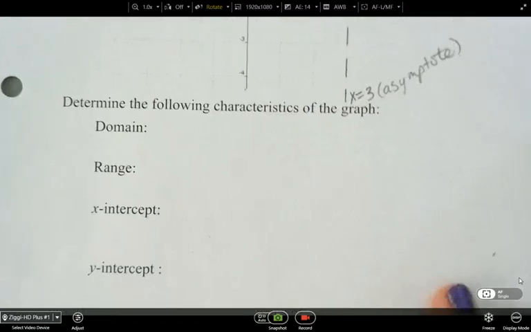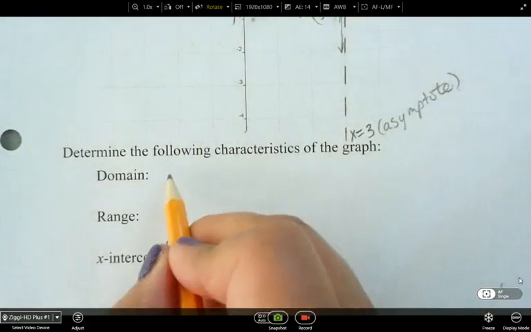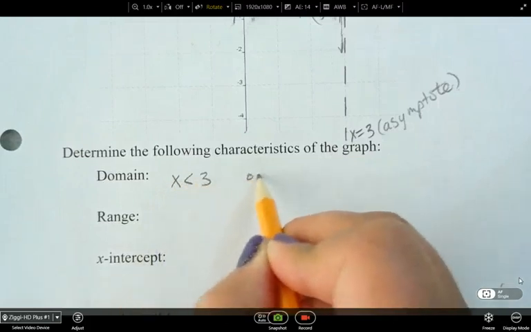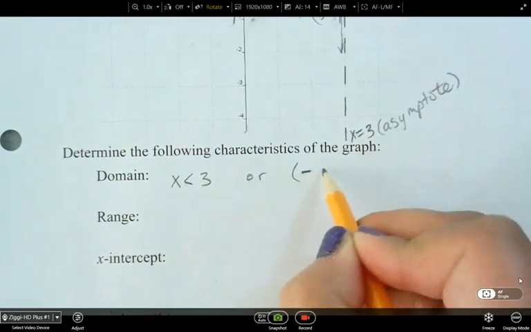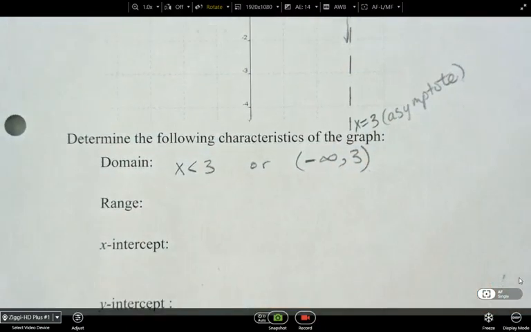Okay. Now, domain. So let's look at the characteristics of this graph. What is the domain of the graph that I have? So I've got x could be less than 3, or I could write it as -∞ to 3. Right, not including either ends, right?